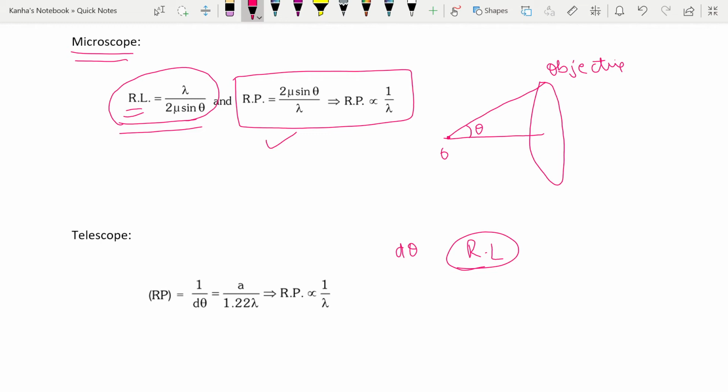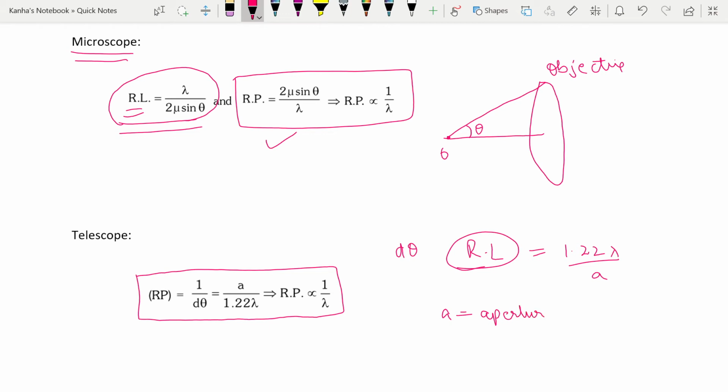The resolving limit turns out to be 1.22 lambda by a, and the resolving power is 1 by the resolving limit, which is nothing but a by 1.22 lambda, where a is the aperture of the objective. These formulas will be very handy when you attempt the questions.